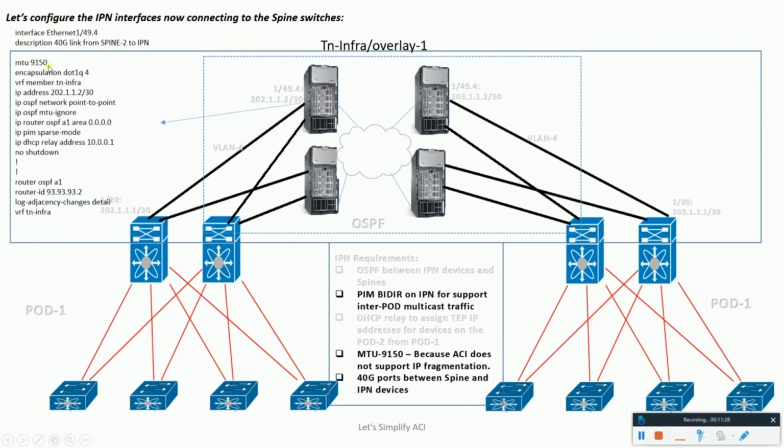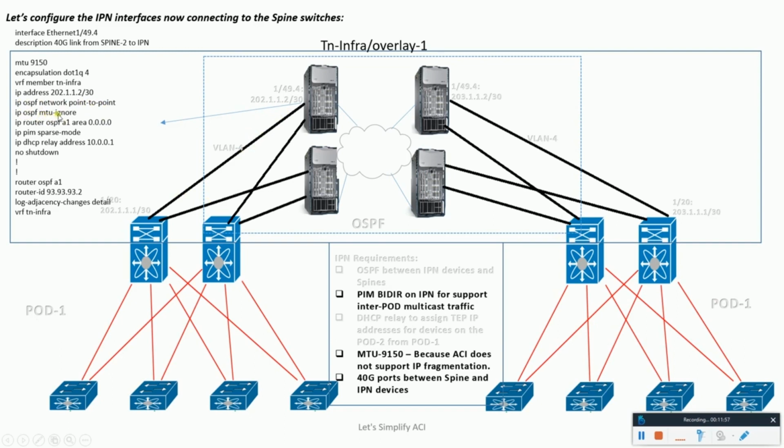Whatever MTU we enabled globally on the device, now we are configuring that MTU on the interface level. The encapsulation is VLAN 4. We have defined its membership in VRF 10 infra, which we are using to extend pod 1 to pod 2. For OSPF, the network type is point to point. That is the only type of OSPF network which is supported right now.